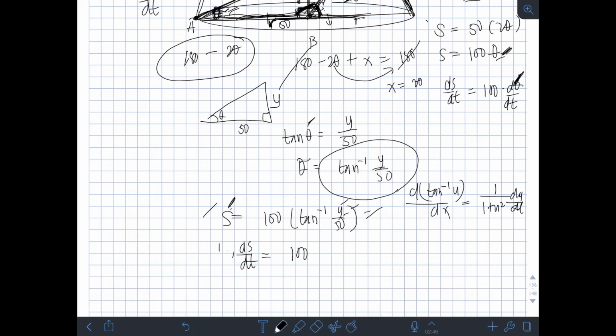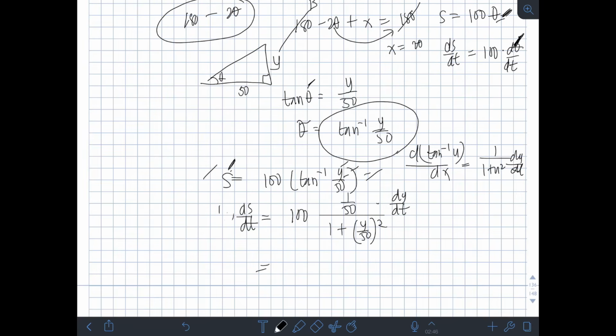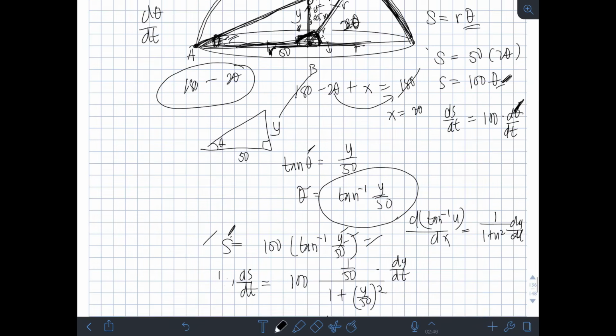So, yung u natin is parang y over 50. So, times 1 plus y over 50 square times derivative ng y over 50 is 1 over 50. Right? Times dy over dt. So, substitute natin yung mga values. 100 times 1 over 50 times dy over dt is what?